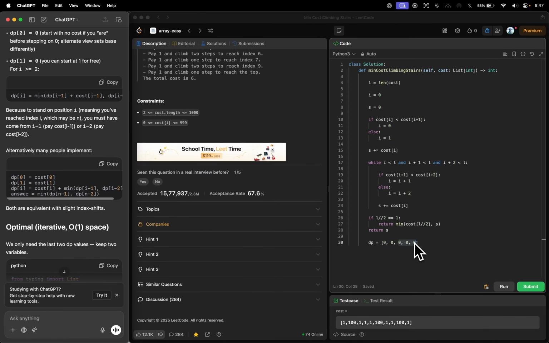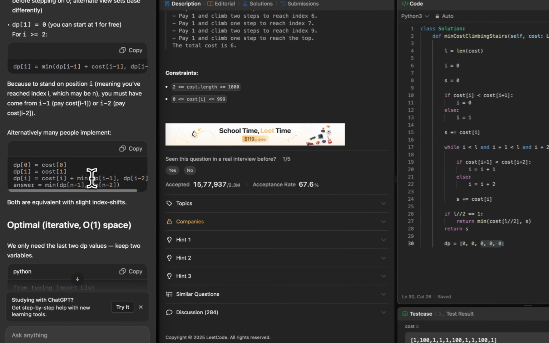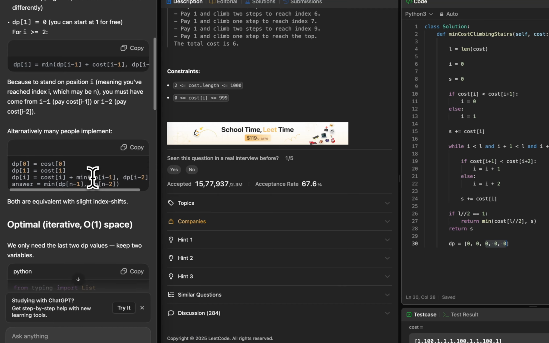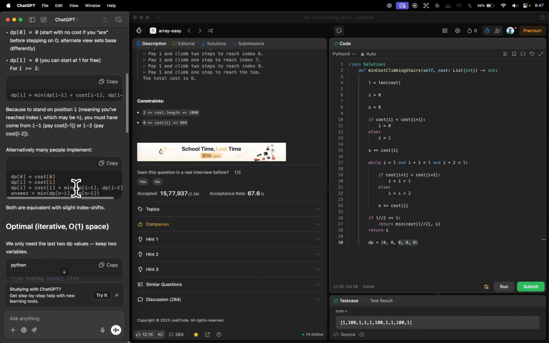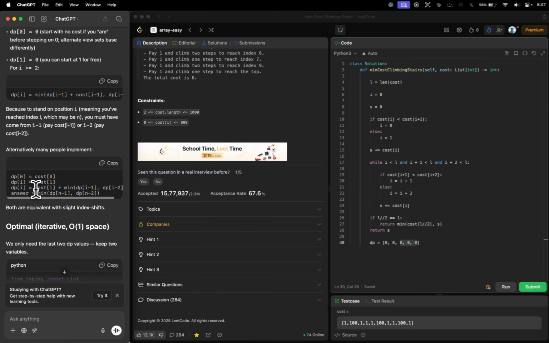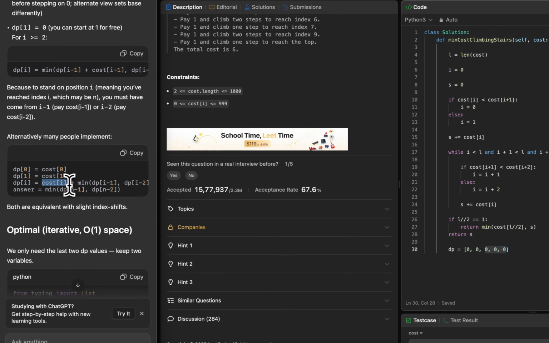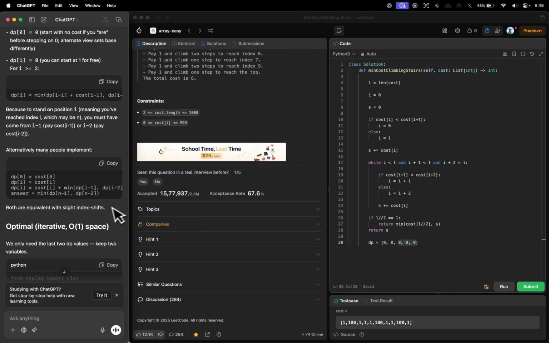Isn't it what we also did, but the cost was not there? This is cost i, and then the minimum of this. This is the minimum, no?